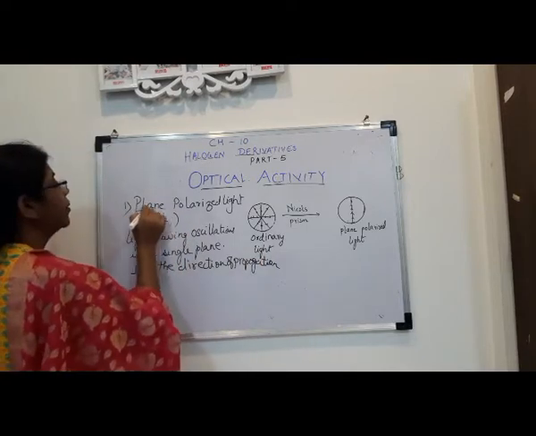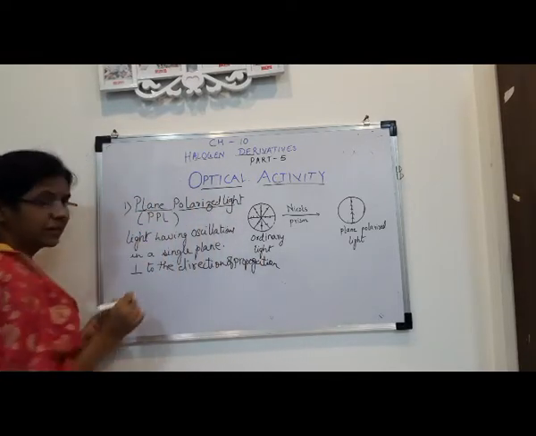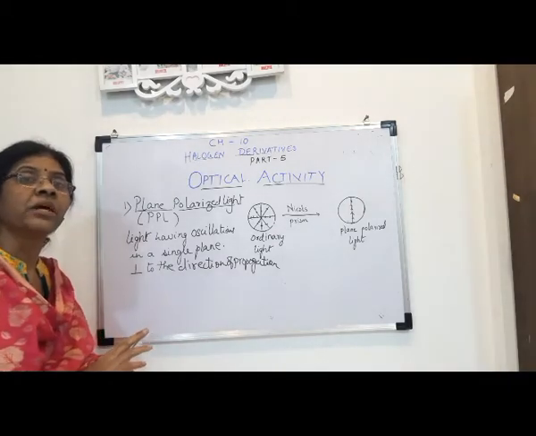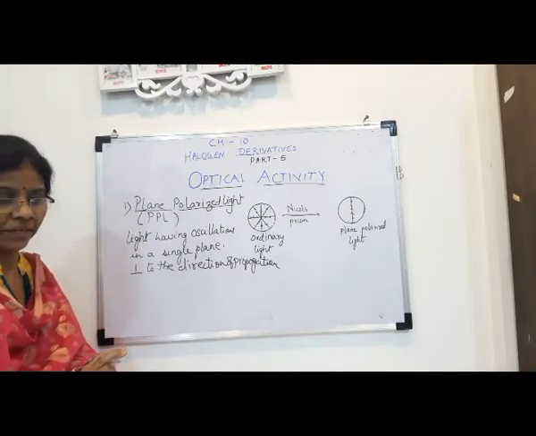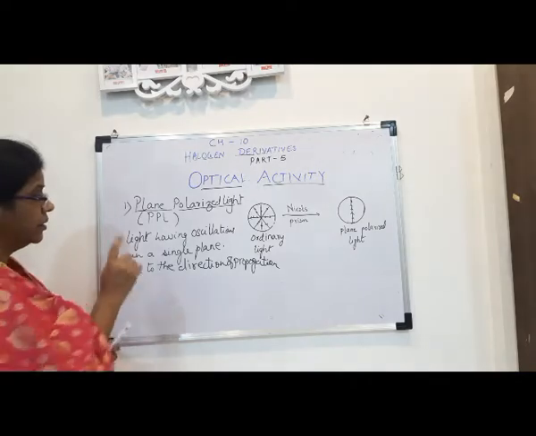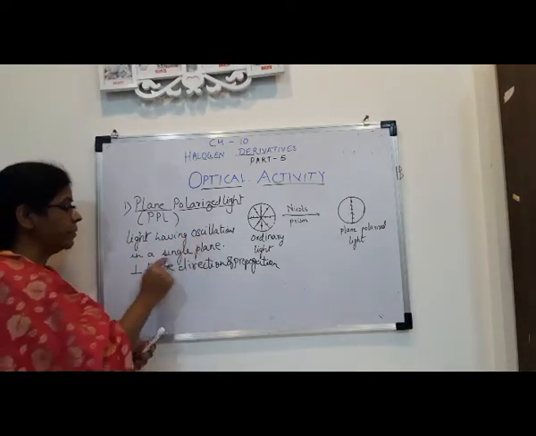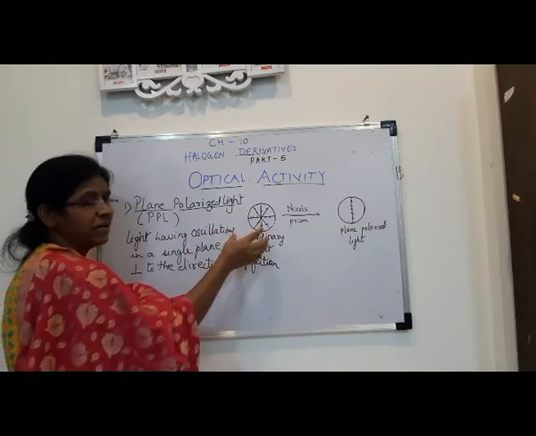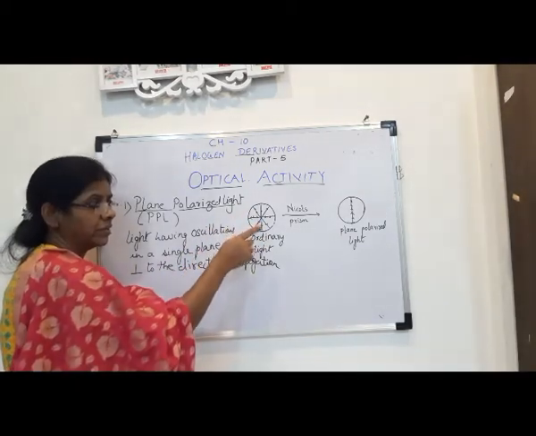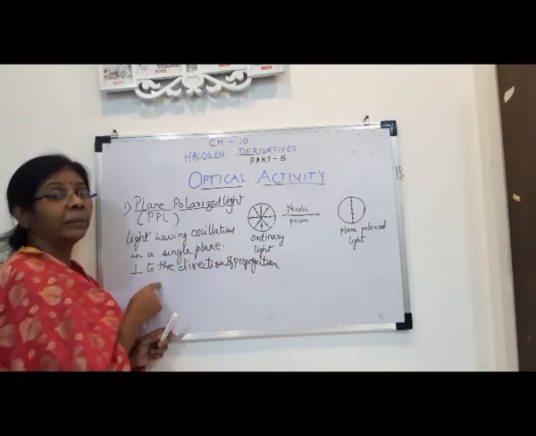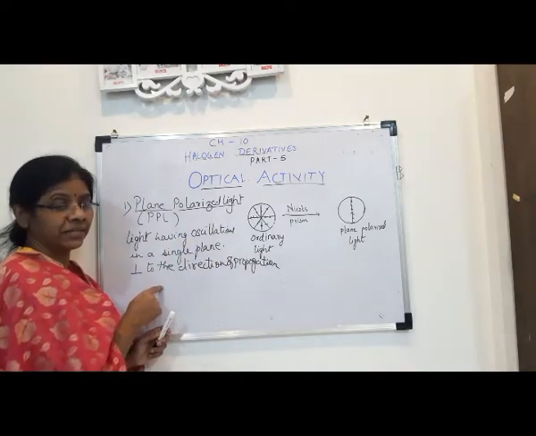Very important. It is this plane polarized light that has to be used for studying optical activity. Again I repeat, when an ordinary light is passed through a Nichol prism, the light that emerges out is called plane polarized light.